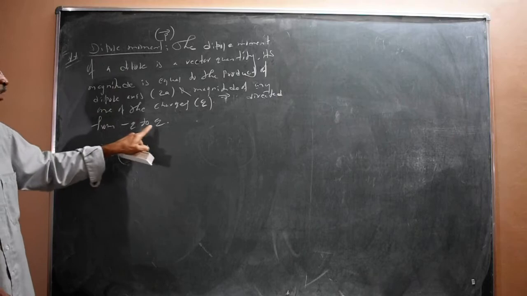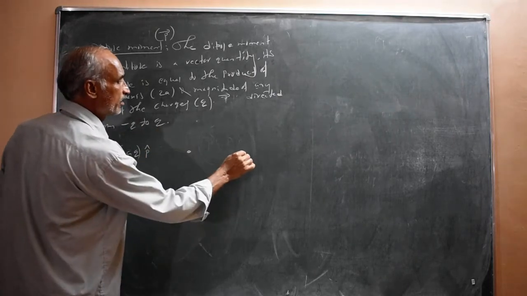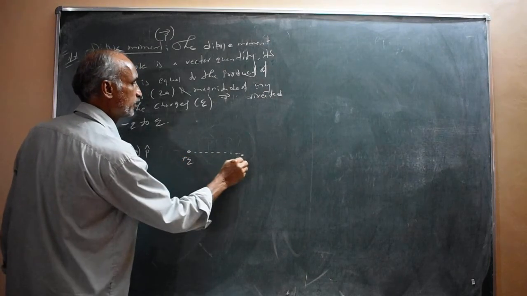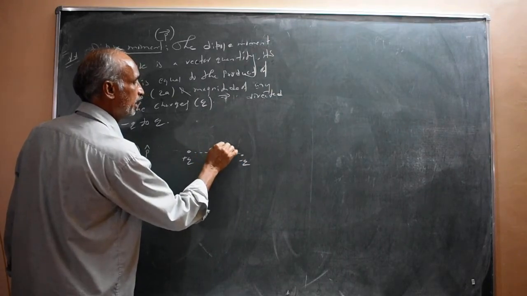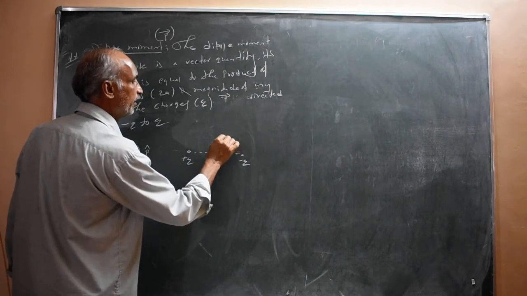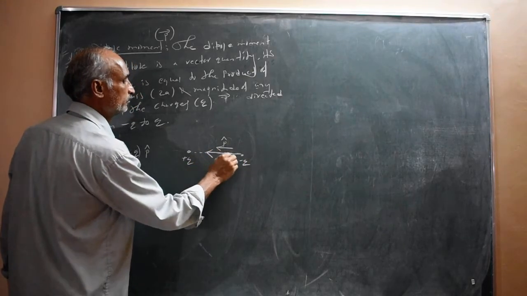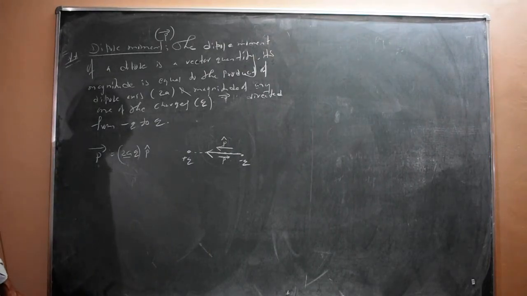Look at the figure: here are plus q and minus q, here is p cap, and here is the vector p bar directed from minus q to plus q. Okay.